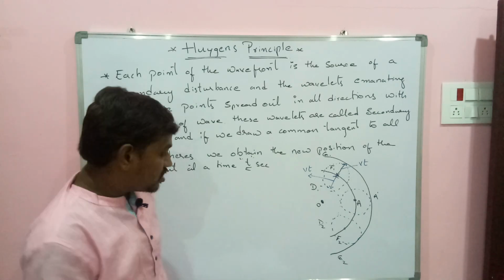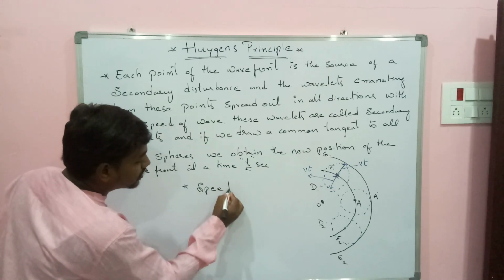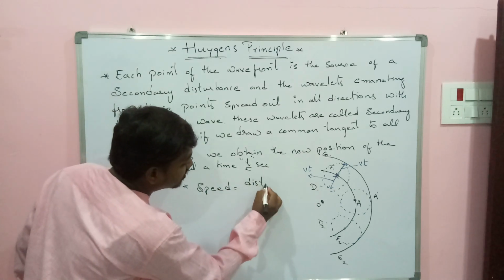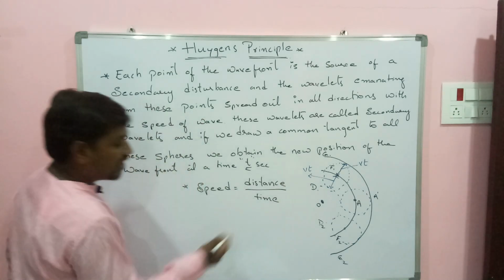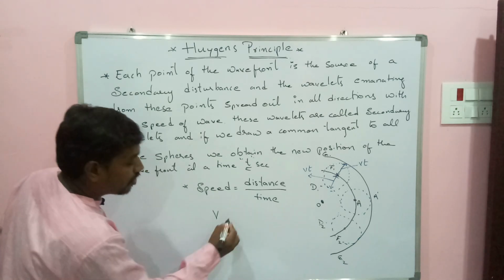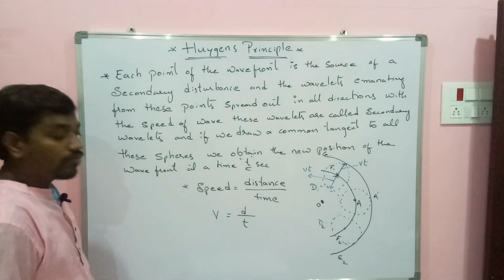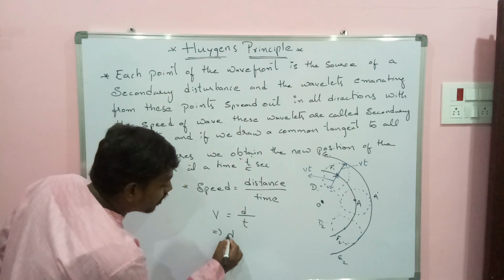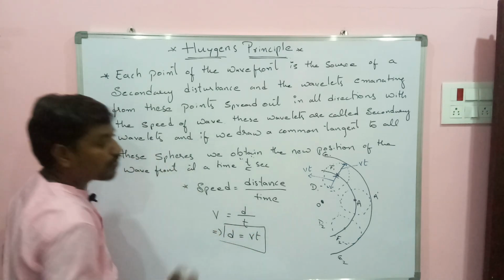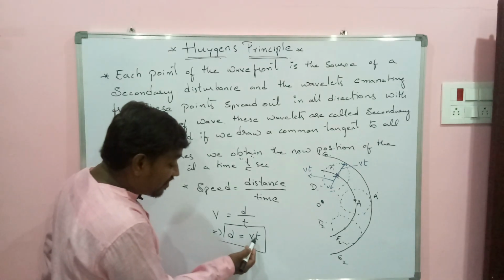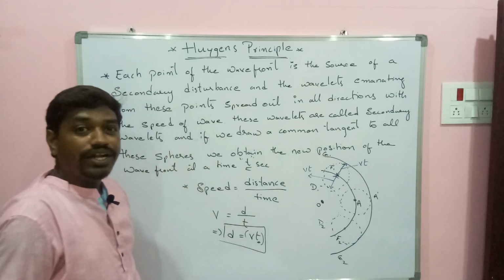How does it travel? You know the very basic formula: speed equals distance traveled divided by time taken. Consider the speed of the wave to be v, the distance traveled to be d, and the time taken to be t. From here, d equals vt. That is, the distance traveled by a wave in time t seconds is given by vt.